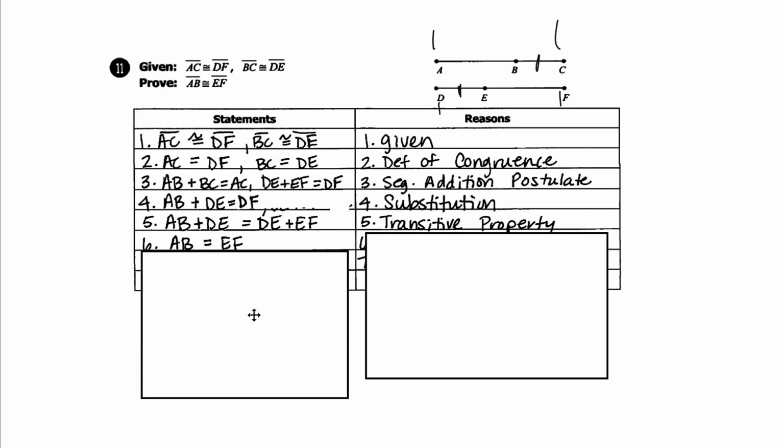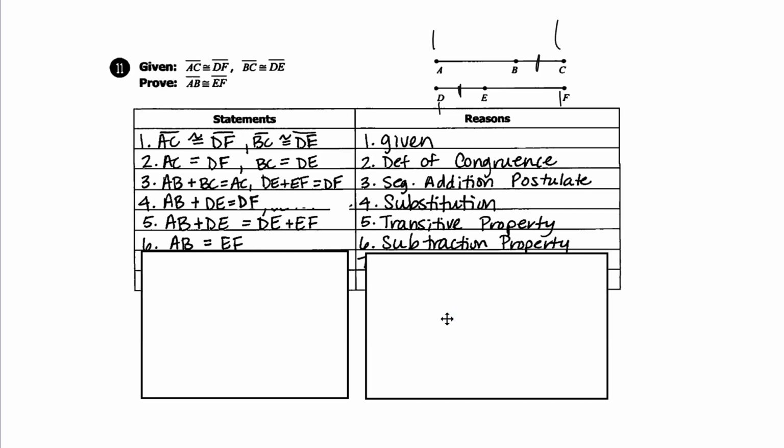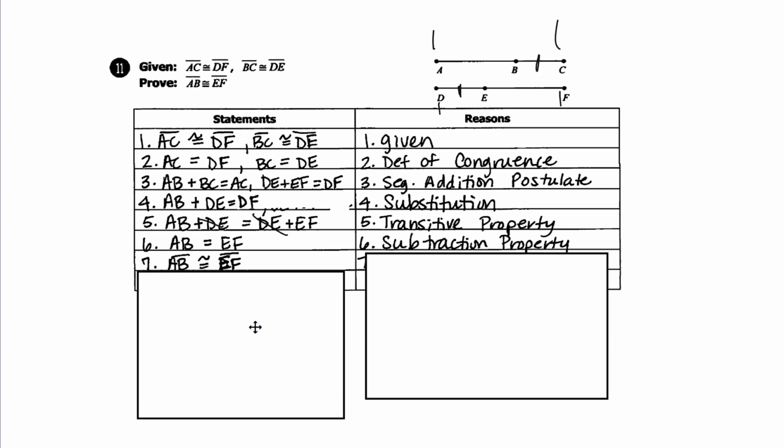Then you have AB equals EF. Because we're going to subtract. When you think about it, right, we are minusing, giving us that. Then finally we have AB congruent to EF because we just changed it to a congruent symbol.